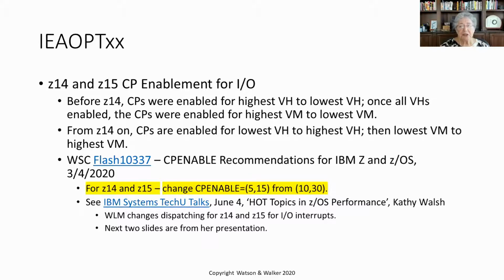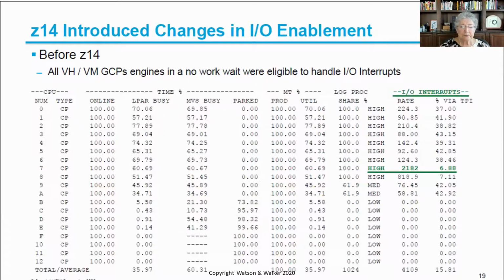And on the first slide, you'll see off to the right-hand side, the second column from the right is the number of IO interrupts handled by a processor. So this said 2182 IOs per second were handled from CP7.